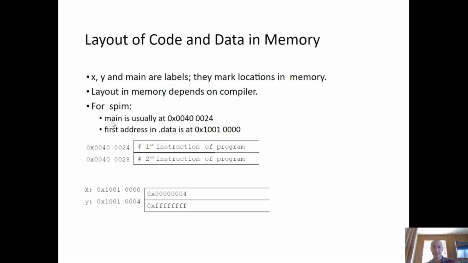Here you see that main starts at this address. That's the beginning address for main, and we are talking about the MIPS processor that we are working with. For a different processor, this doesn't hold true. It varies depending on the processor. So you see here 00400024. That's this address, and that's going to be the first line of your code.